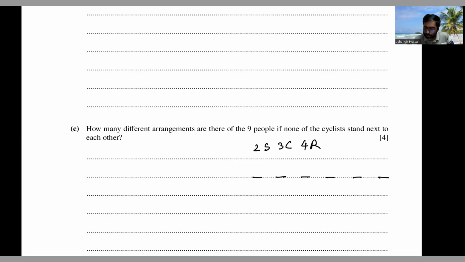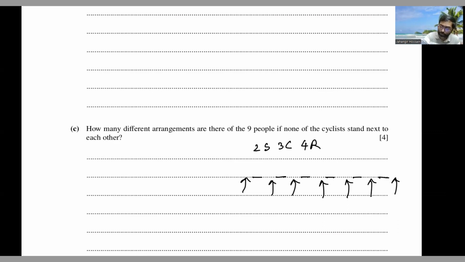After you arrange the remaining six, we have a total of seven possible positions for the cyclists, where if they stand in these seven positions, the cyclists will not stand next to each other.